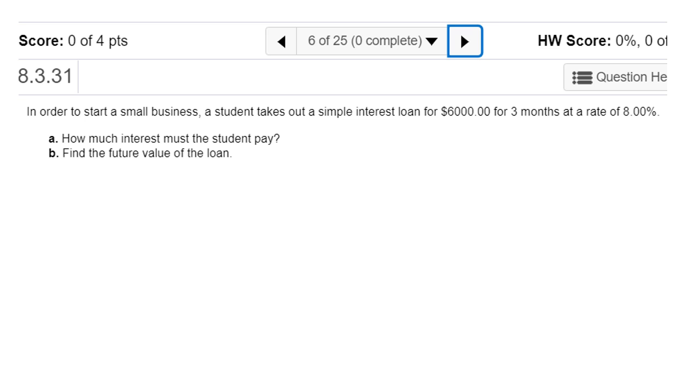Question 6 is going to talk about simple interest. So you will be given the simple interest formula. The interest is equal to the principal times the rate times the time. However, my time is always in years. Now, the principal here is a student that takes out a loan for $6,000.